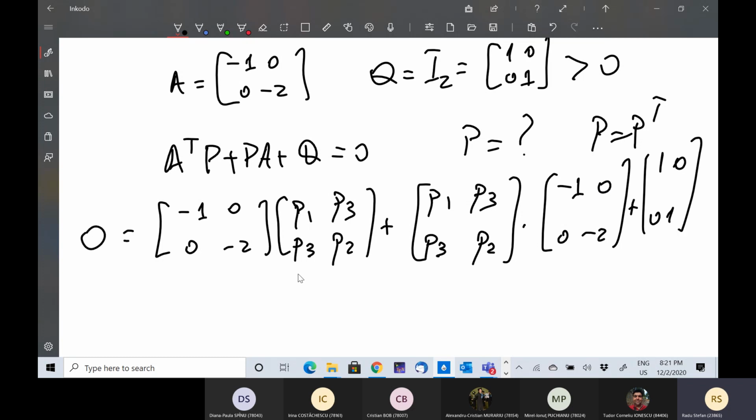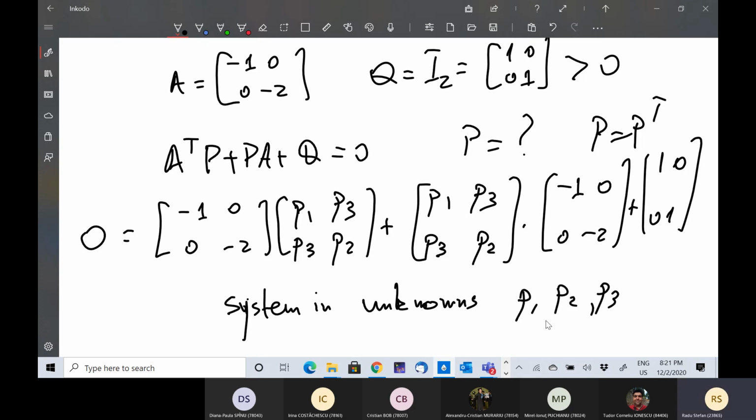And now I take every component of that, and you have a system in unknowns P1, P2, P3.